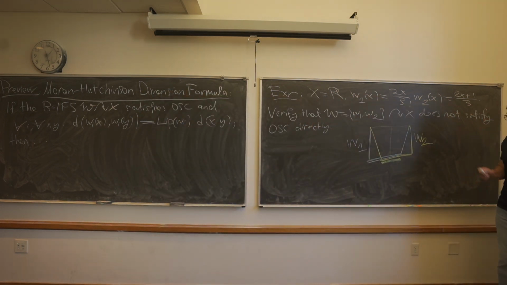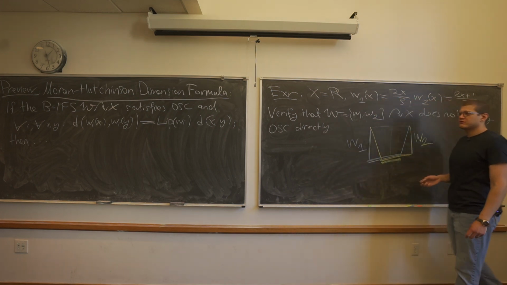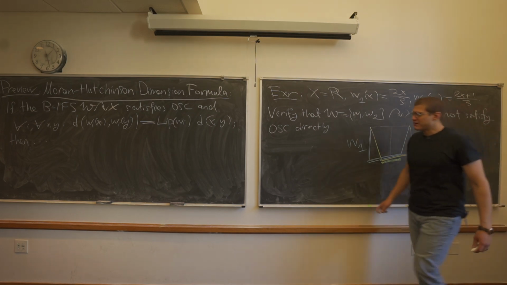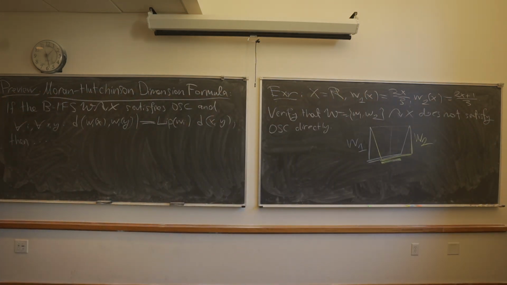Okay, but still, if you're okay with using technology, it's actually rather straightforward to verify this, by way of the Moran-Hutchinson Dimension Formula that we're going to discuss and prove after the break, because it still involves certain phrases that we haven't discussed. It's a preview for now.